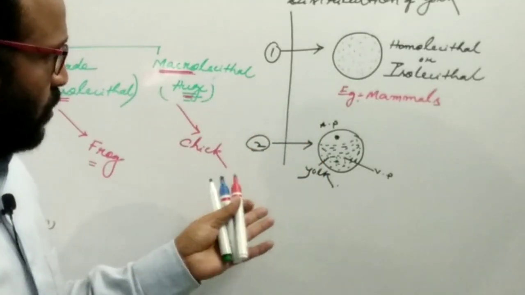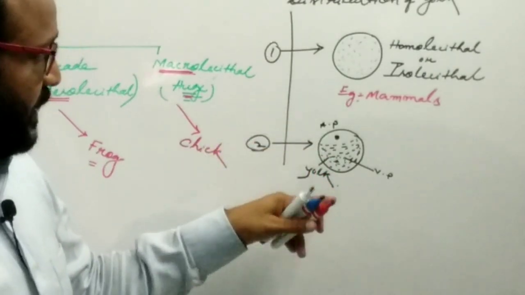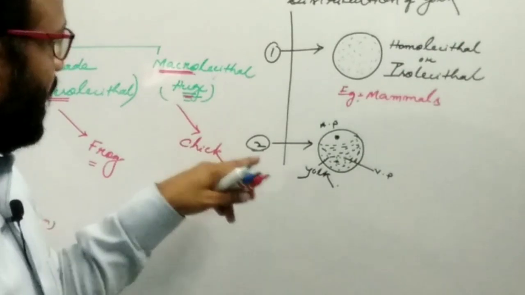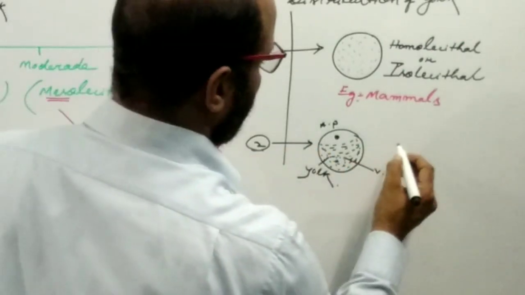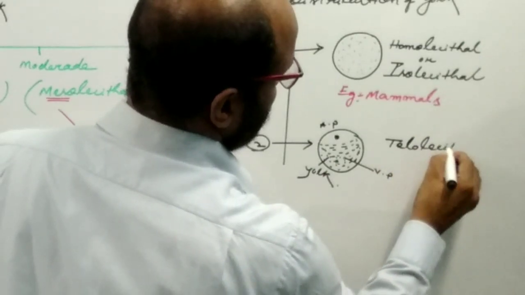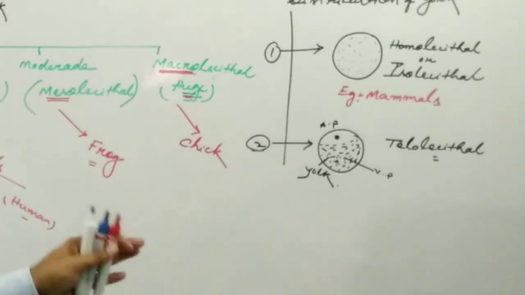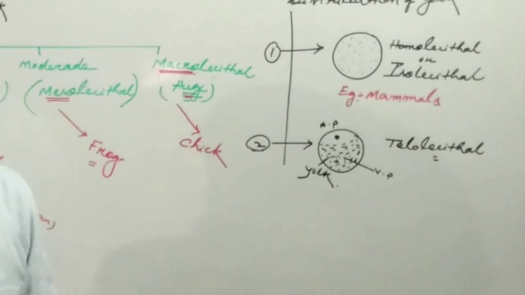If the yolk is distributed unequally or heterogeneously inside the ooplasm, then the egg is known as telolecithal. Telo means one pole, so on one side it is present unequally. This is known as the telolecithal egg.